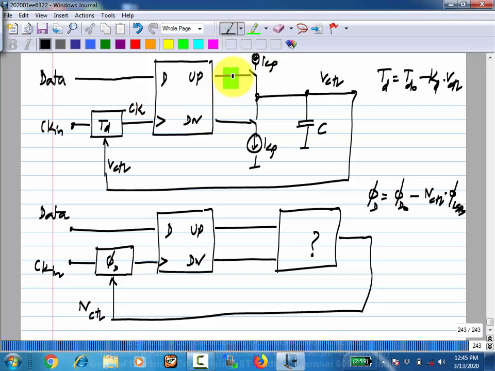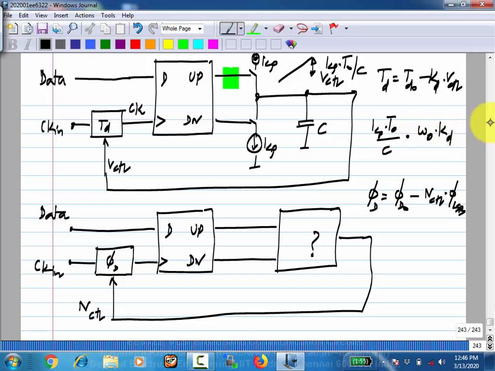So if I have a single up signal here, this voltage ramps up by how much? ICP T naught by C, right? Is this correct? And that causes a phase shift of ICP T naught by C times omega naught KD, or 2 pi by T naught KD.